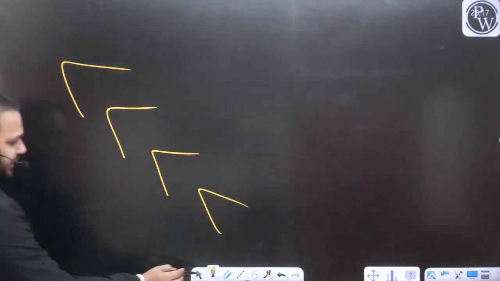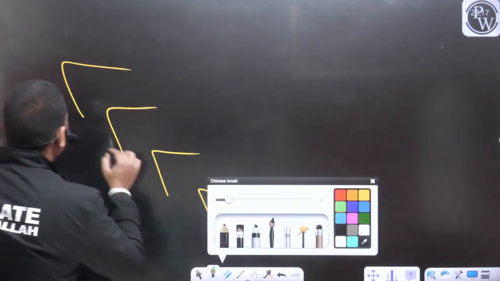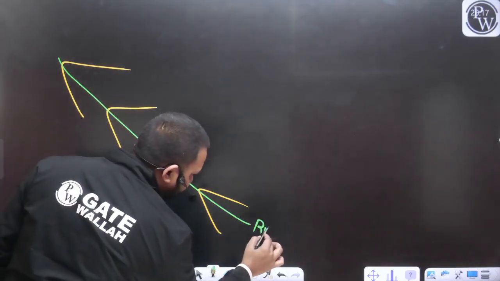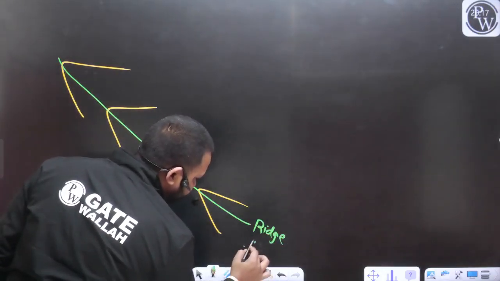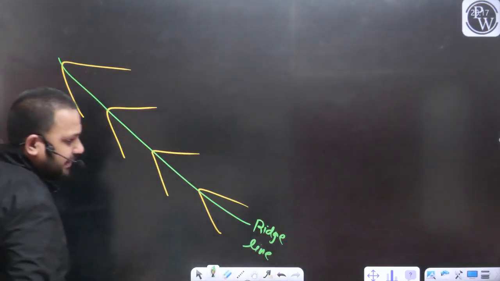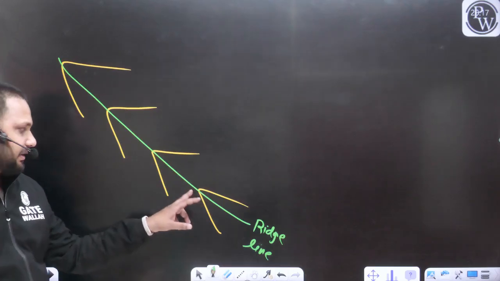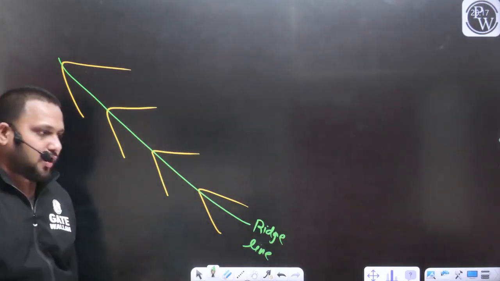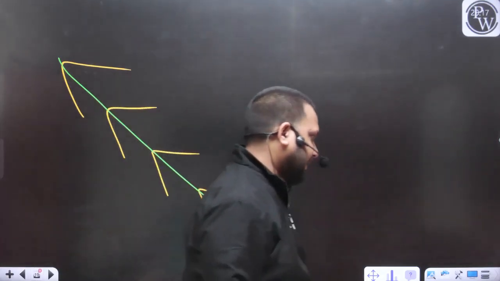If we are connecting all the tops, all the top points of all the hills, this line we will consider as the ridge line. So how can you define the ridge line? Ridge line will connect the top of all the hills.